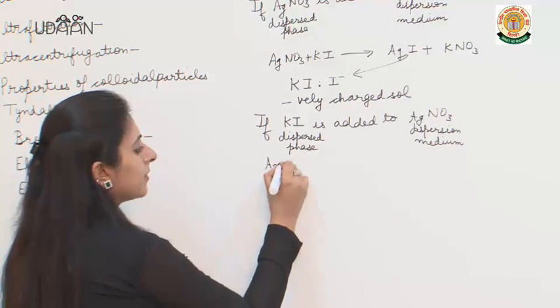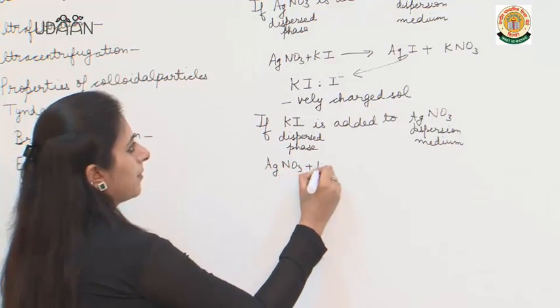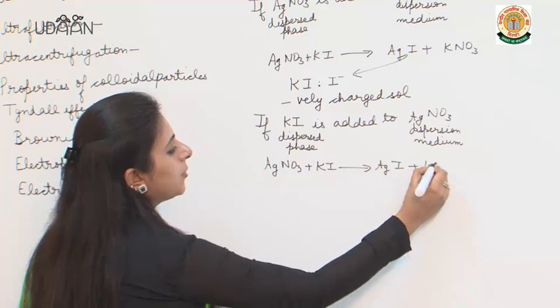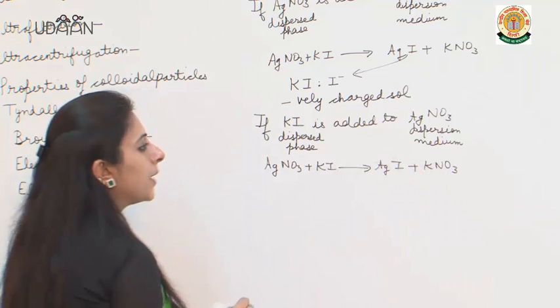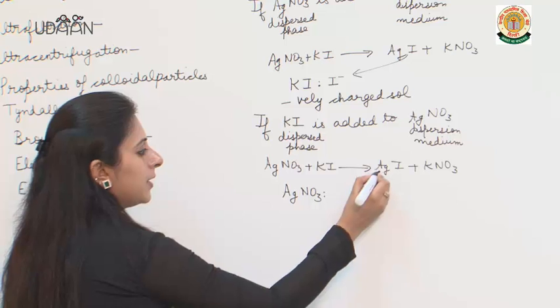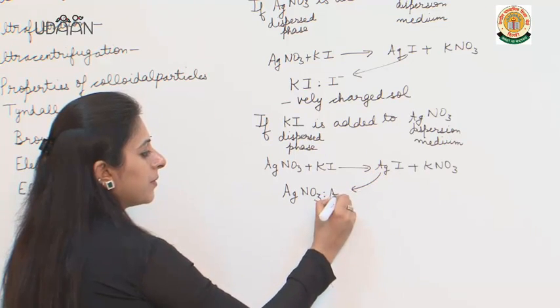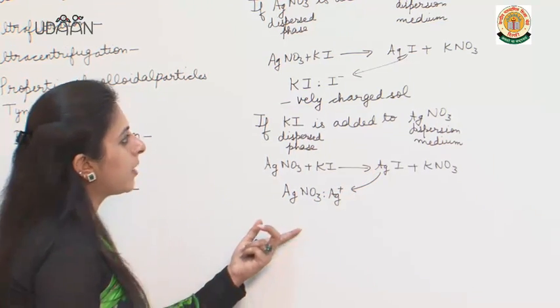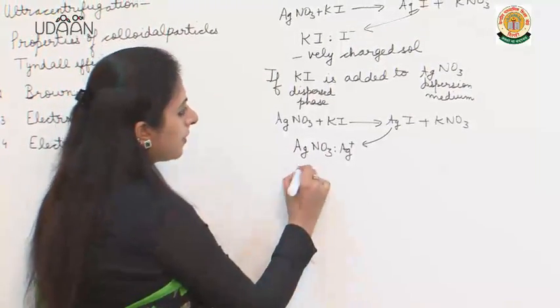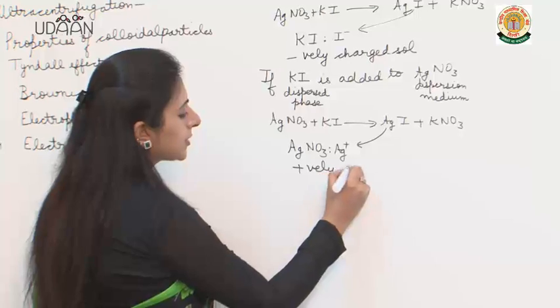That again AgI and KNO3 would be formed, but this time what will happen? That this will adsorb, AgNO3 would adsorb Ag plus on the surface, forming a positively charged sol.